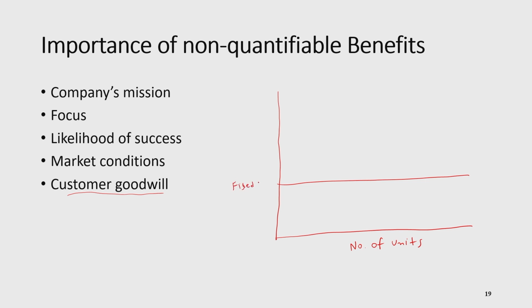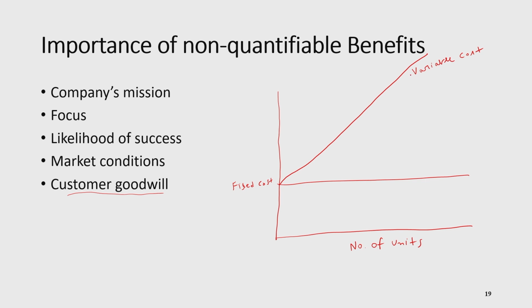Whatever is the cost, they take on this axis, and then they make this type of straight line, because we have been assuming that cost per unit is constant. But sometimes the variable cost may depend on the number of units, which means the variable cost line is not a straight line.